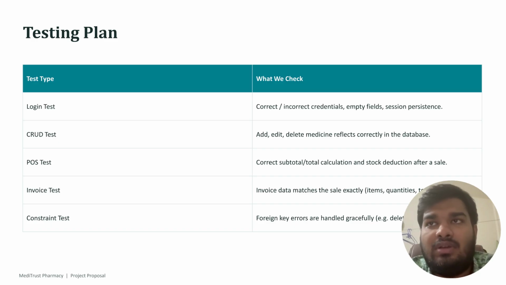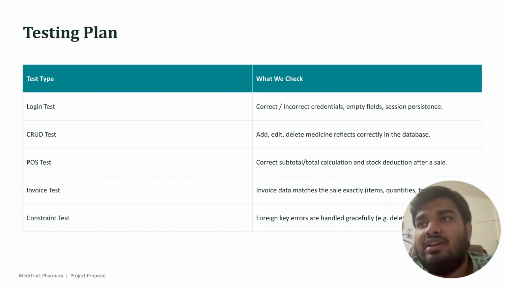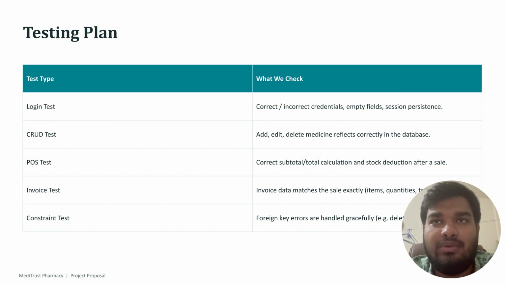POS test: correct subtotal and total calculation and stock deduction after a sale. Invoice test: invoice data matches the sale exactly, items, quantities, totals. Constraint test: foreign key errors are handled gracefully, for example deleting a used category.